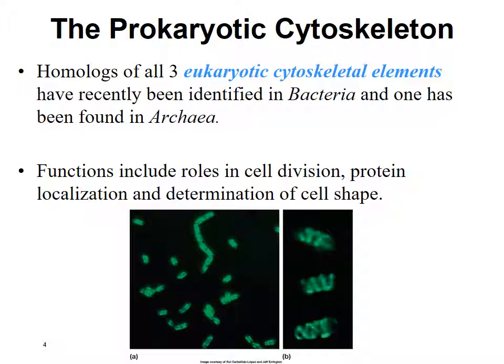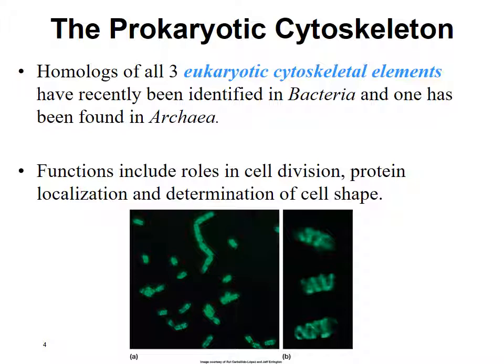For quite a long time, it was thought that prokaryotes lacked cytoskeletons. But recently, homologs of all three eukaryotic cytoskeleton elements have been discovered. And you might remember these three major elements from living systems. They're called microtubules, microfilaments, and intermediate filaments.